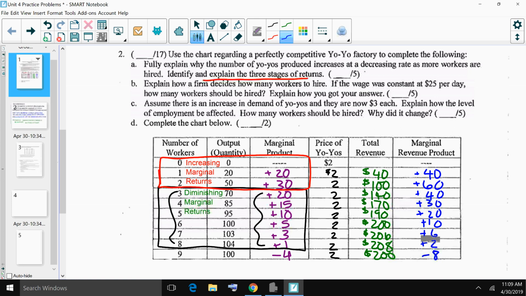You'll never guess what this stage is. It's called negative marginal returns. That's stage 3. Negative marginal returns.